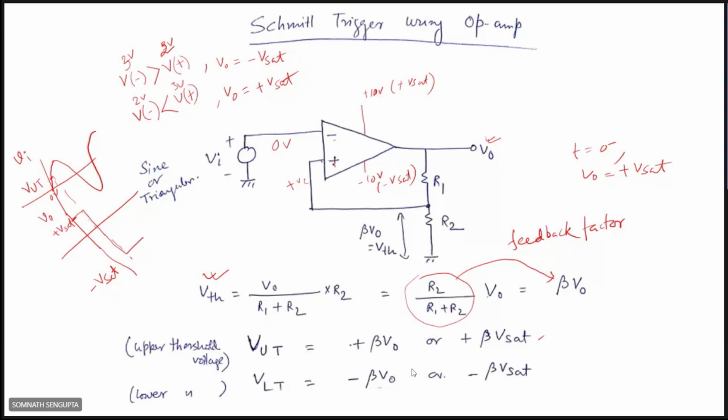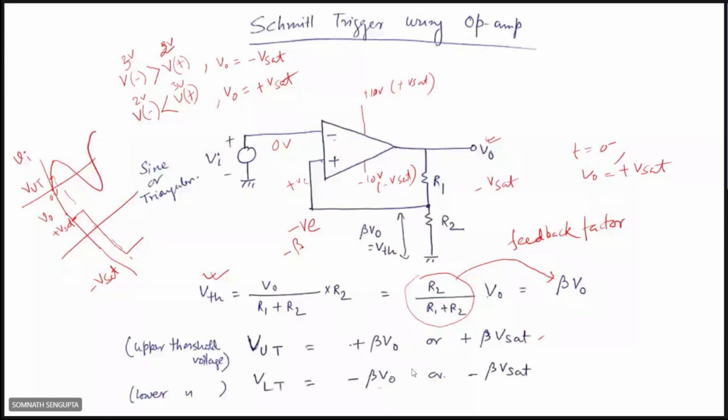Similarly, the voltage drop across R2 will be negative, because the output is now minus Vsat, so that drop is minus beta Vsat.